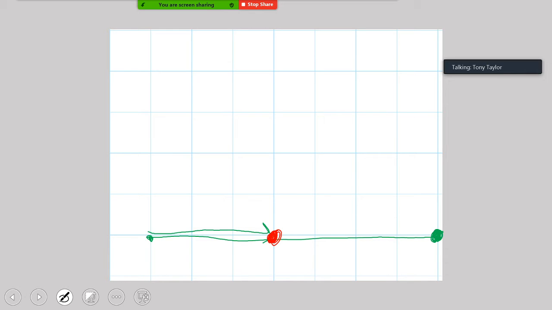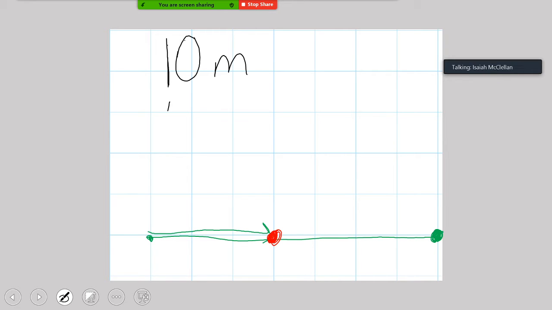What is my distance? The overall ground covered. 10 meters, exactly. So my distance is 10 meters, right? Because 7 plus 3 is 10. And what is my displacement?